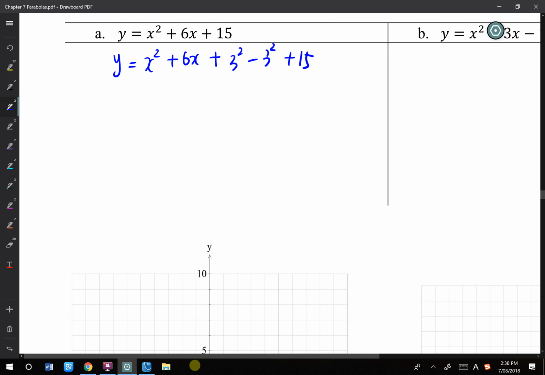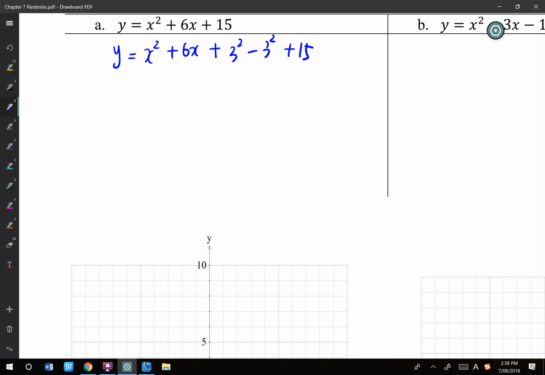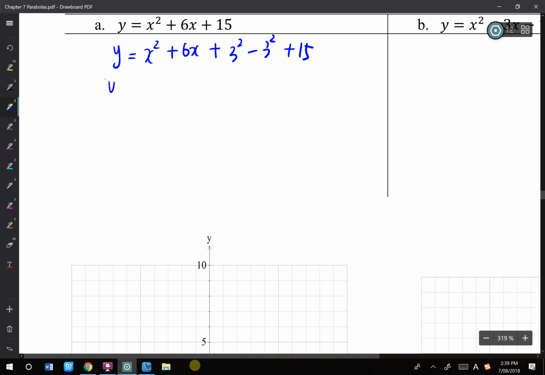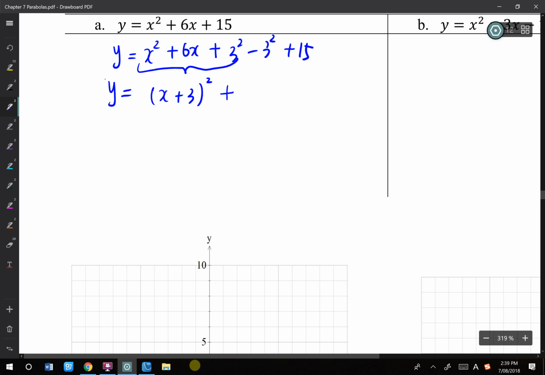We plus the 9, minus the 9, and plus 15. For the first 3 terms, I can complete the square: x plus 3 squared, minus 9 plus 15 equals x plus 3 squared plus 6.